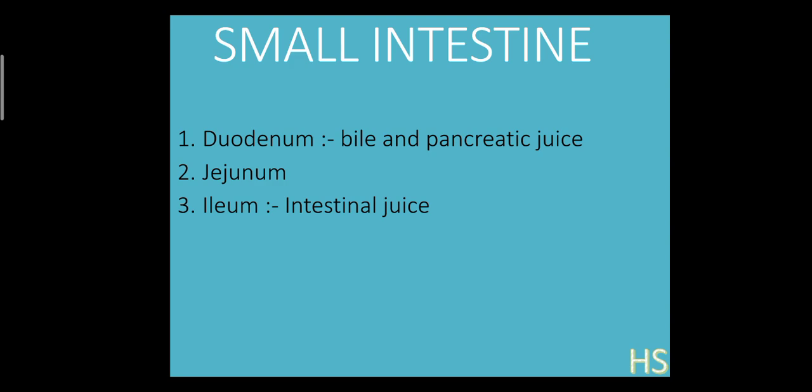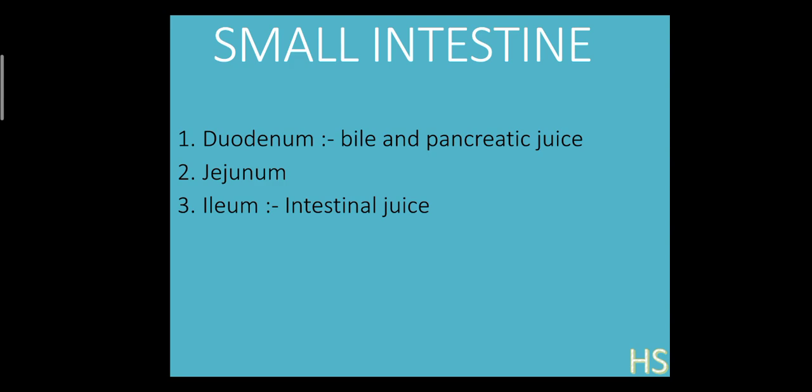Small intestines. What is the small intestine? The food was there in the stomach, now it is going to enter into the small intestine. In the small intestines we are going to learn many names of enzymes.